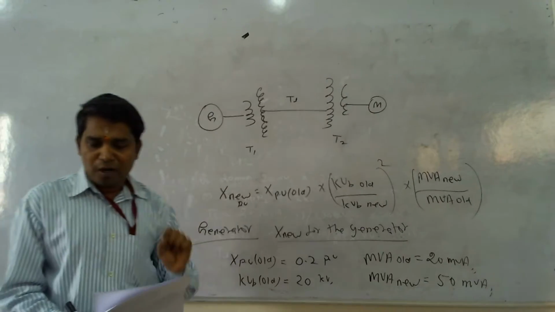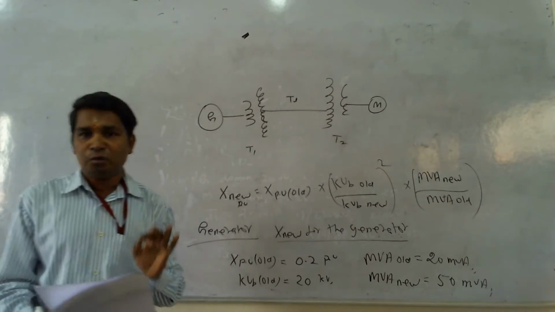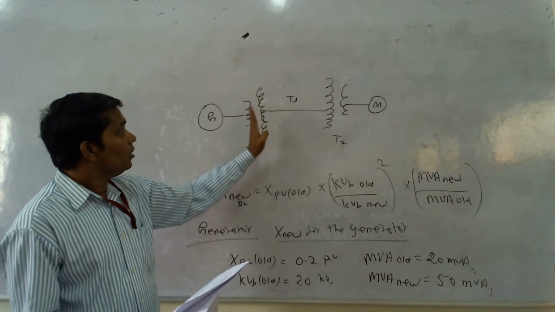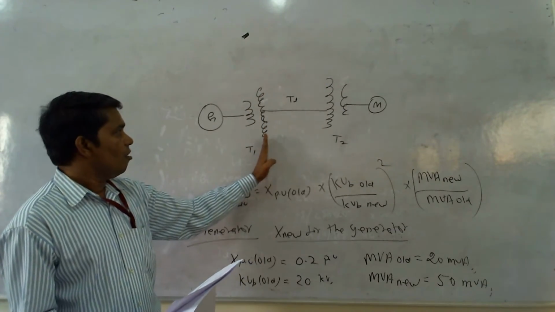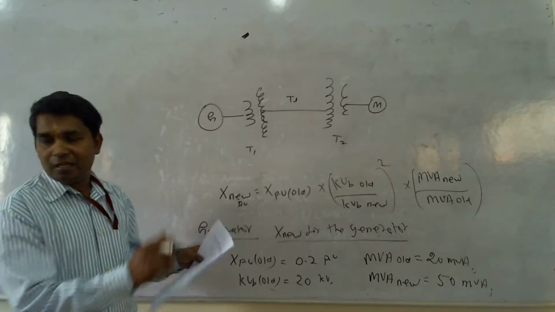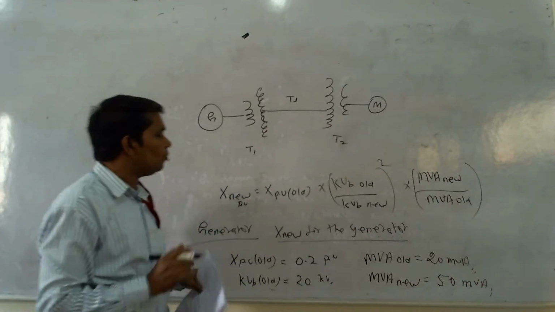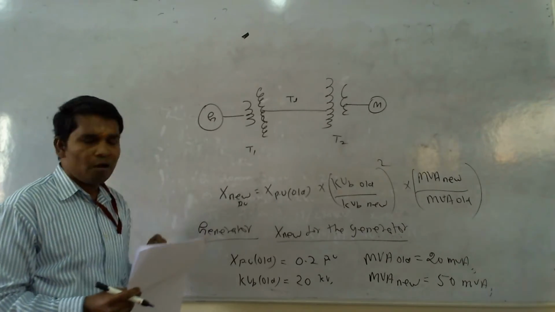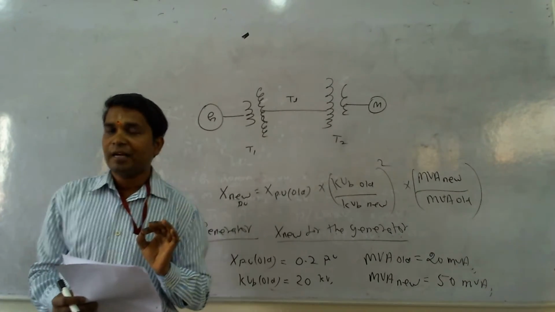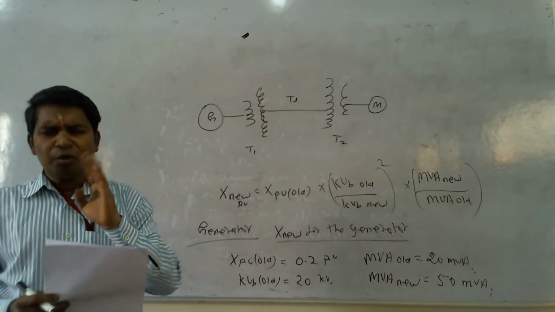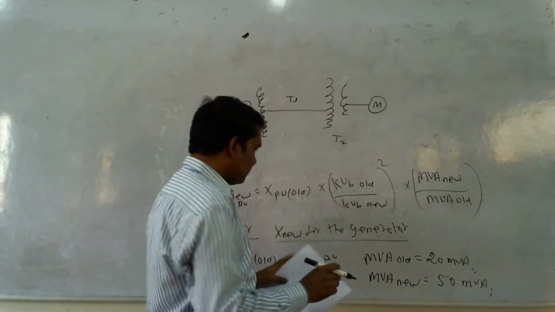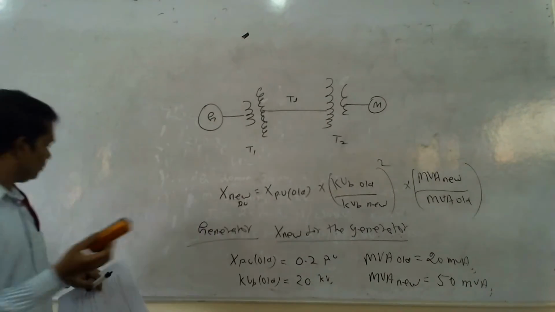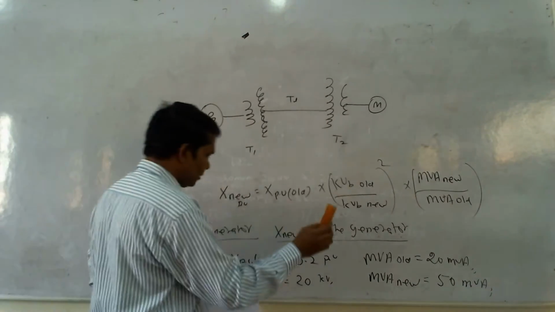But they have given that you have to take the base value of 230 kilovolt in the transmission line, which means our new kilovolt base for the secondary side is 230 kilovolt, but your generator is connected on the primary side. So for the primary side, how do we calculate? We have a formula for that, the new kilovolt base for transformer 1, which needs to be calculated.